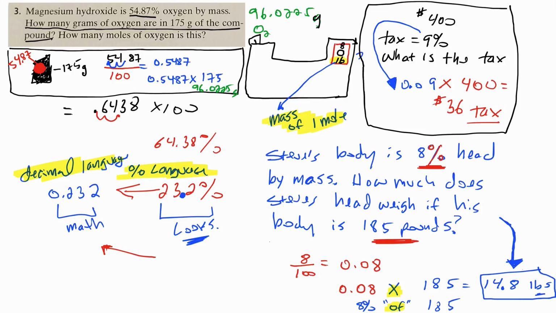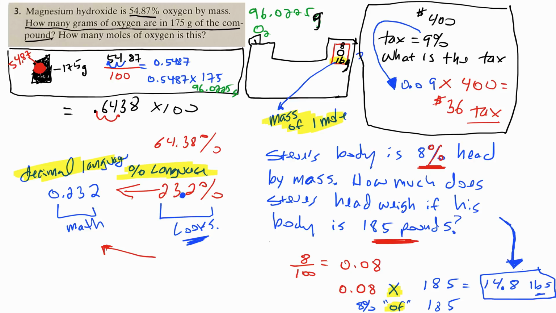Okay, they're telling us we have a total of 96. So how many moles? We have a total of 96 grams, but 1 mole is 16 grams. So how many of these 16 grams can go into this 96 grams? Yeah. So if 1 mole is 16 grams, and we have a total of 96 grams, how many moles, once again, goes into 96 grams? 6 moles.